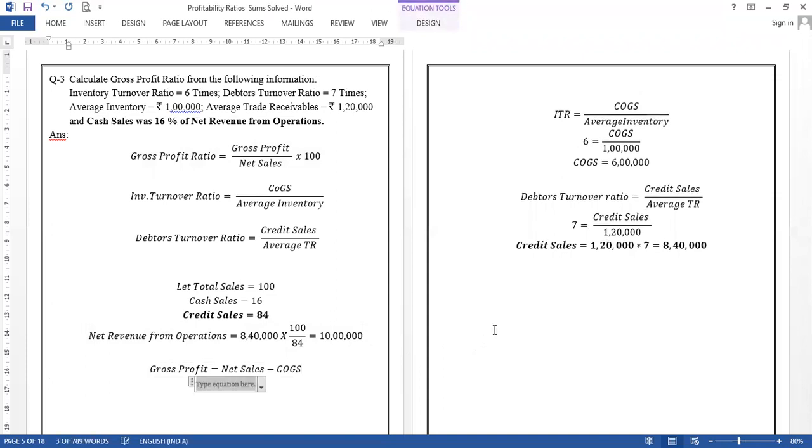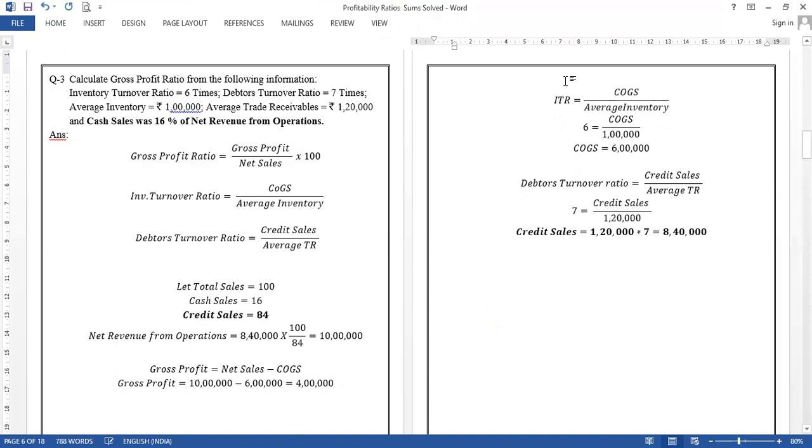Both the values are there with us, so we will be able to calculate the value. Net sales has come to rupees 10 lakhs and cost of goods sold is rupees 6 lakh. So the difference is rupees 4 lakh as gross profit.